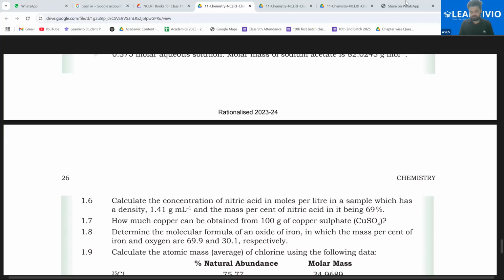So I think it's 15.4. It is correct, done. Very, very well.